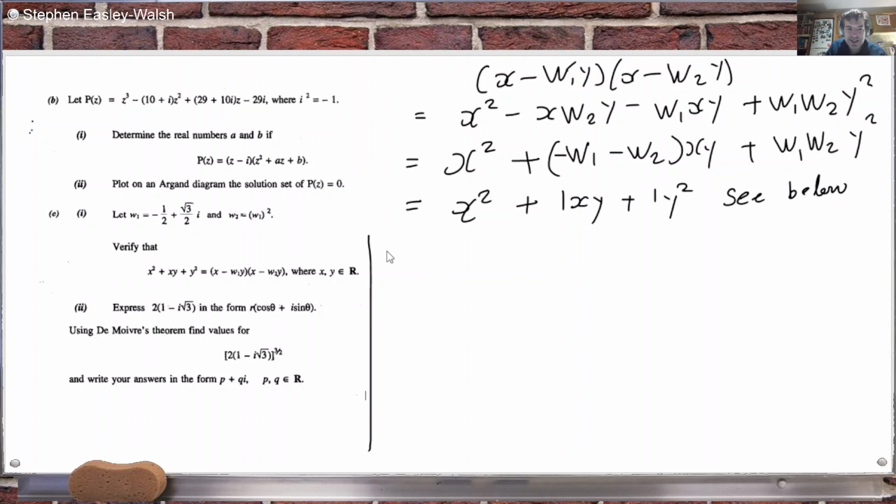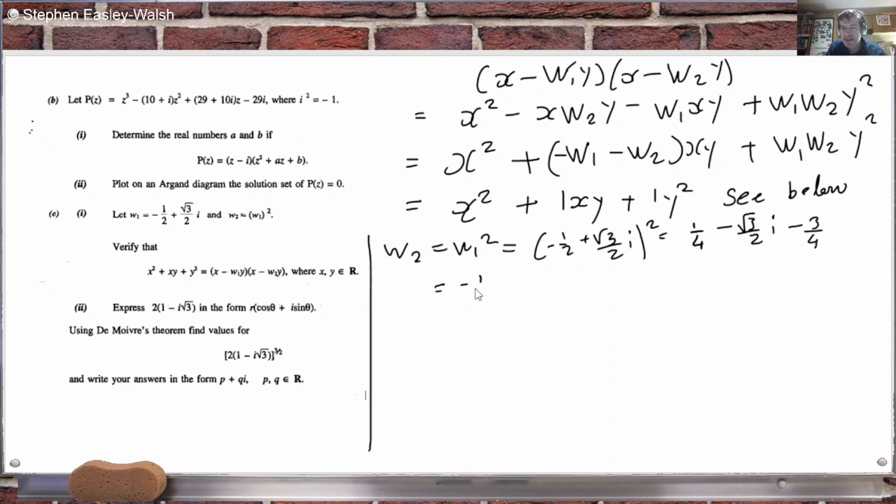Okay, so first let's get w2, which is w1 squared, which will be minus a half plus root 3 over 2 i, squared, which is a quarter minus root 3 over 2 i minus 3 over 4. So that's going to be minus a half minus root 3 over 2 i. And then minus w1 minus w2.